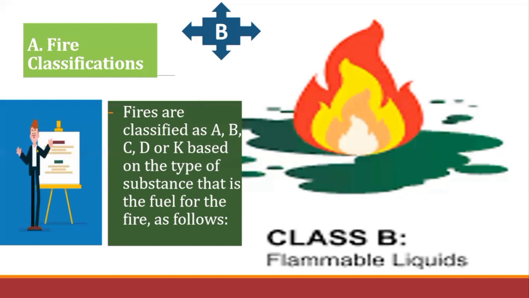So water is not the best extinguisher for class B, but instead make use of foam or powder extinguishers. There are fire extinguishers that can release foam or even powder that is appropriate for class B fires.